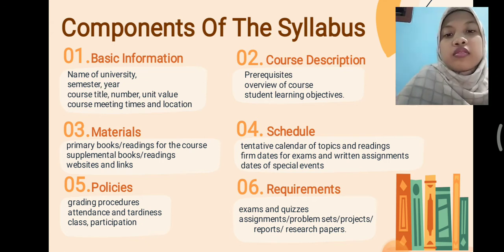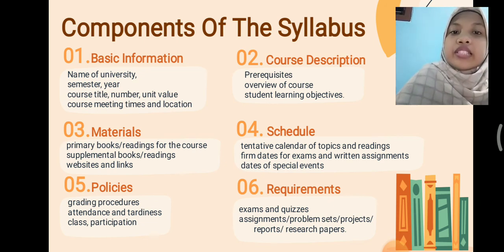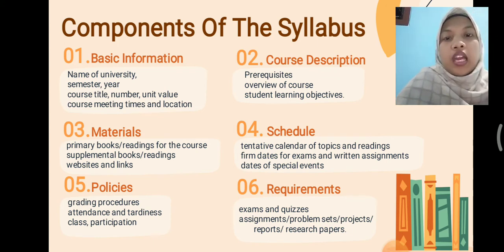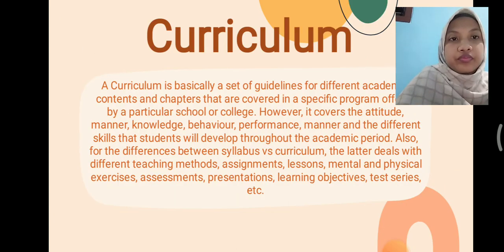And then fifth, policies. There are grading procedures, attendance and class participation. And then the last, requirements. There are exams and quizzes, assignment or problem sets or projects or reports or research papers.